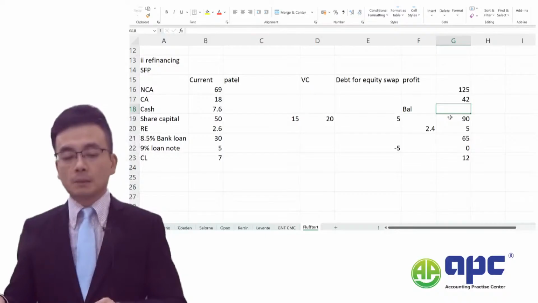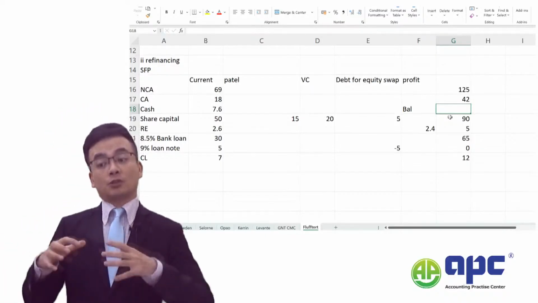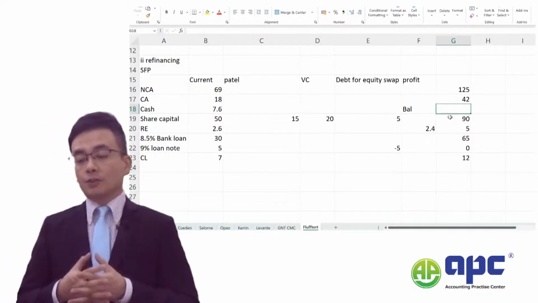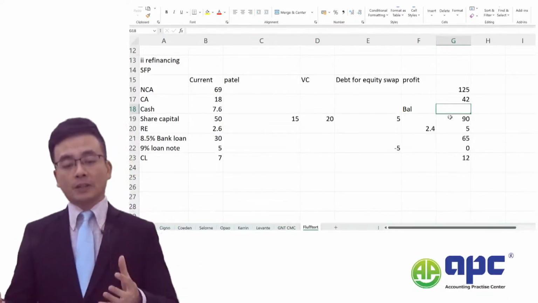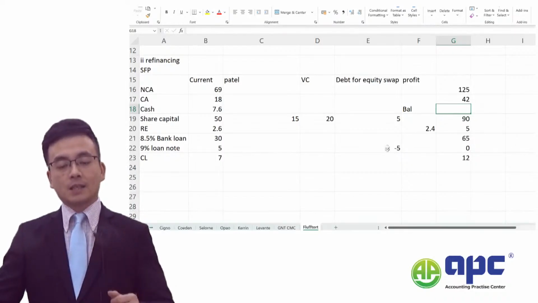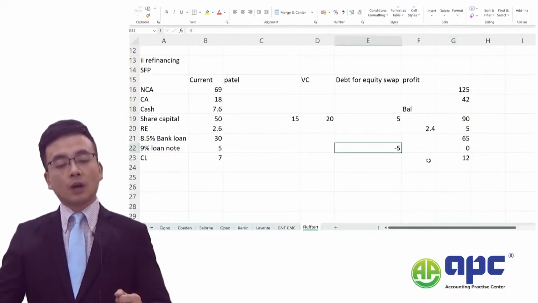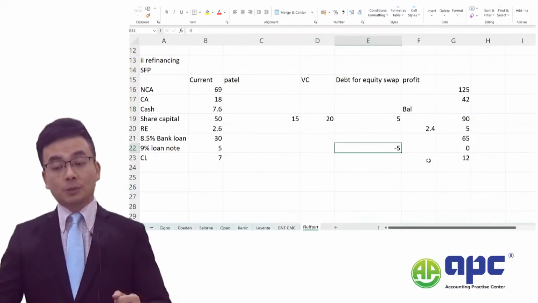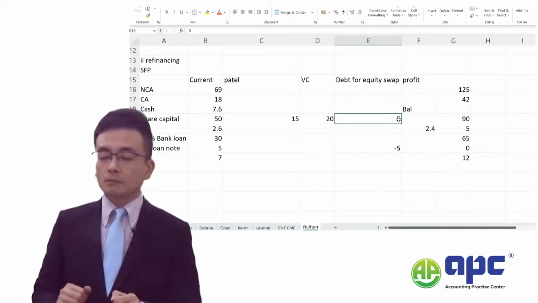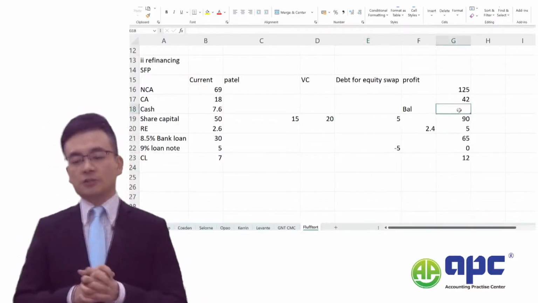Because every other transaction will certainly affect the level of cash. Do you need to put the journal entries in? For example, the minus 5, that being the case, is to debit loan notes liability and credit share capital. You could, but you don't really have to, because you're not required to answer that.